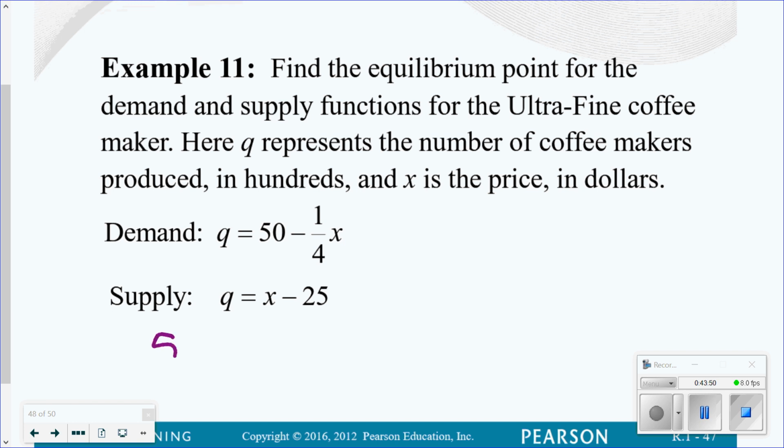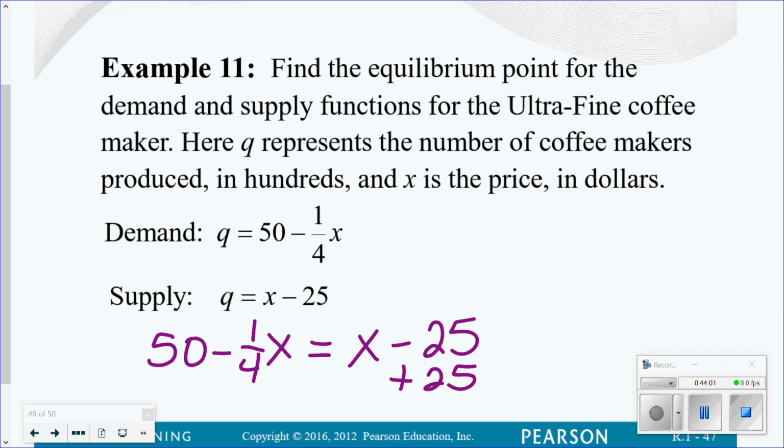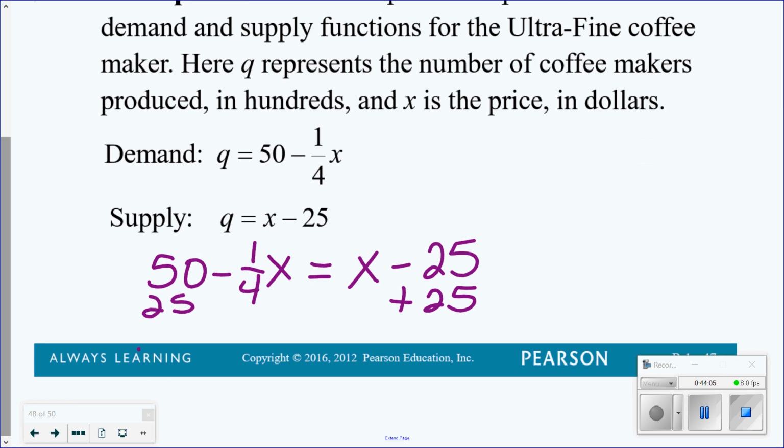So let's go ahead and solve that. 50 minus 1/4 x equals x minus 25. Well, let's go ahead and add 25 to get that off of this side. Add 25. Okay, so we're going to have 75 minus 1/4 x equals x. Now I need to add this 1/4 x and add 1/4 x.